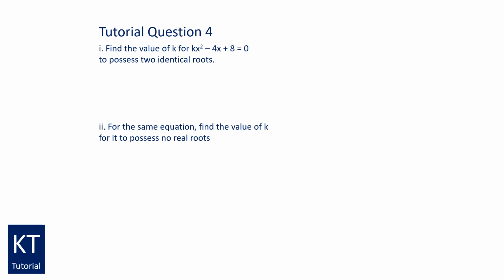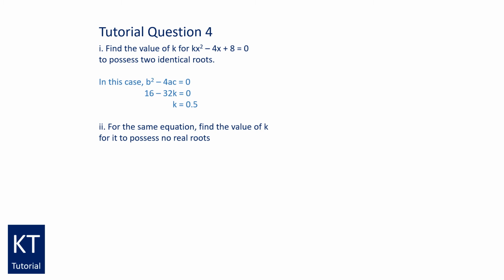Now on to tutorial question 4, where we have to find the value of k when the function possesses 2 identical roots, and using the same equation, find the value of k when it possesses no real roots.